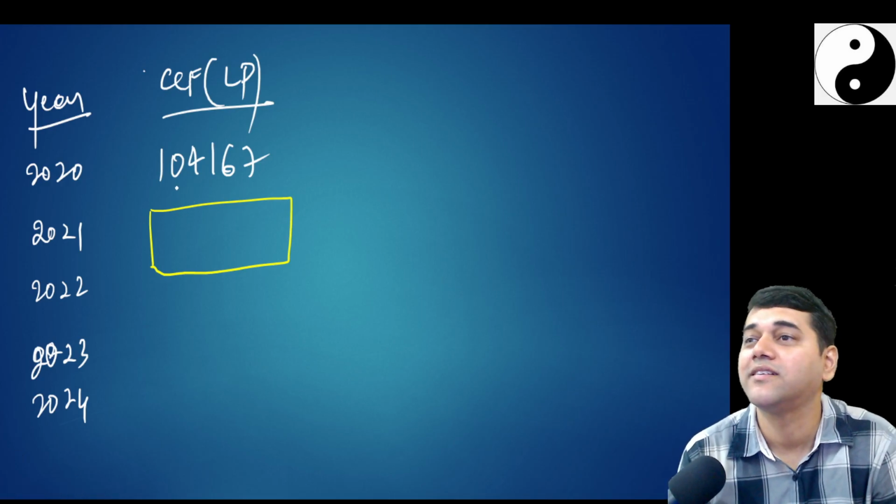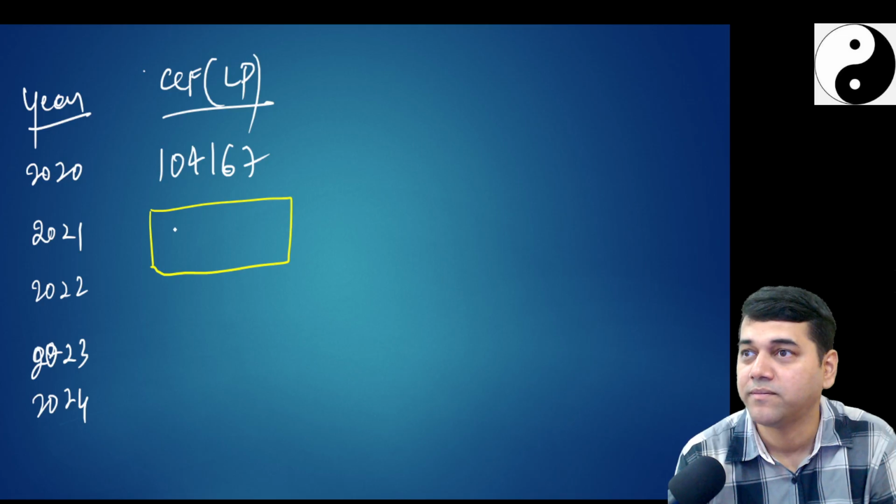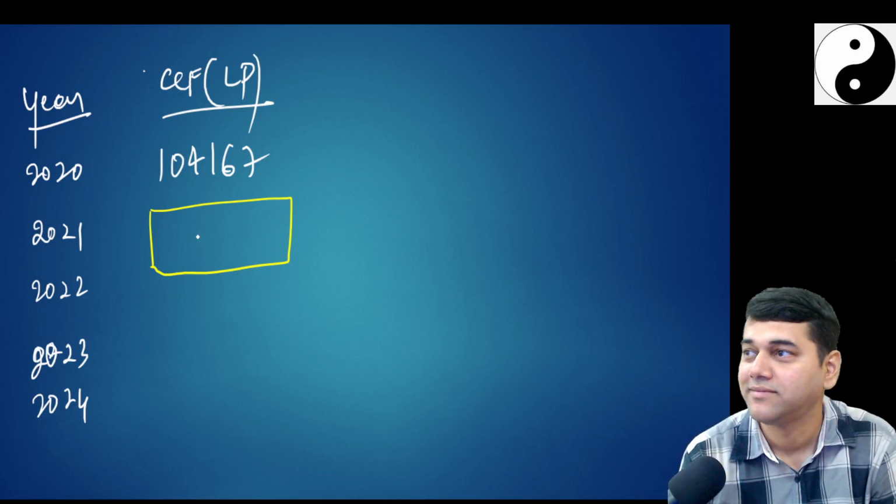Yes, how much? Second year means 2021. 1,14,000. Yes, what about others? How much? 1,14,000.